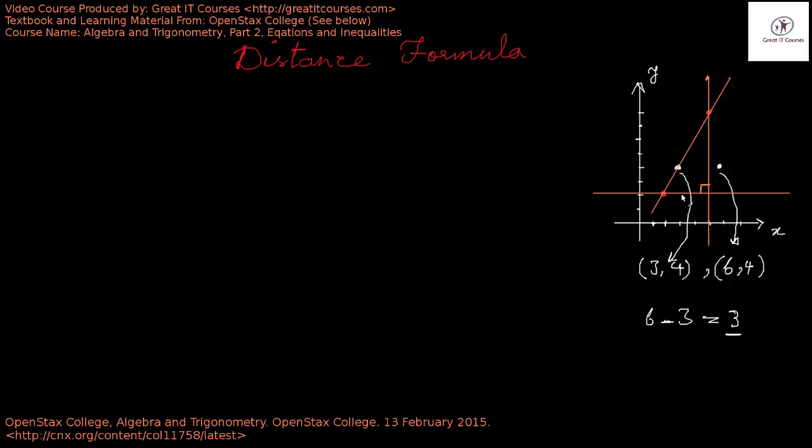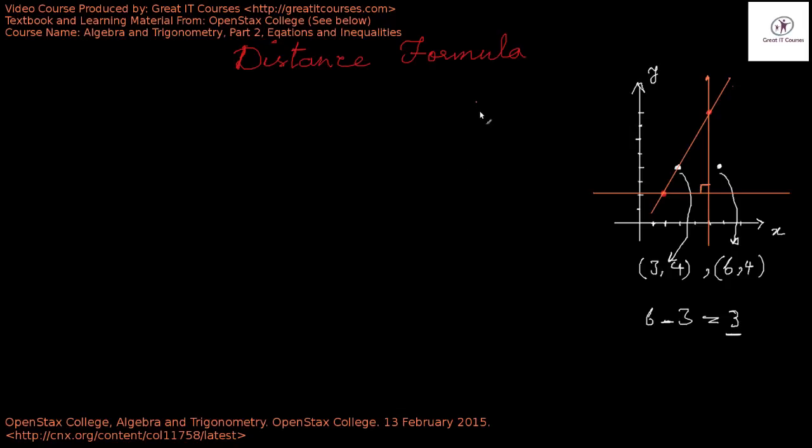This side basically denotes the horizontal distance between the 2 points, this point and this point. And this side basically denotes the vertical distance between the 2 points. And since I have a right triangle, I can basically use the Pythagorean theorem to calculate the distance between these 2 points. How am I going to do that?